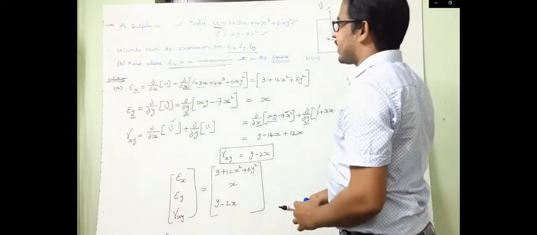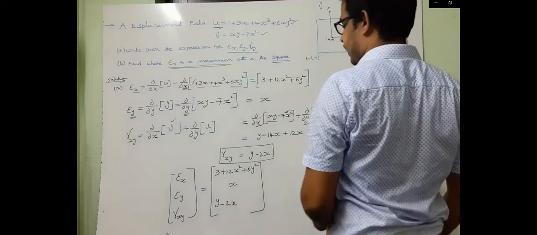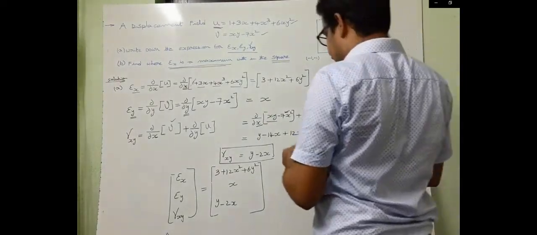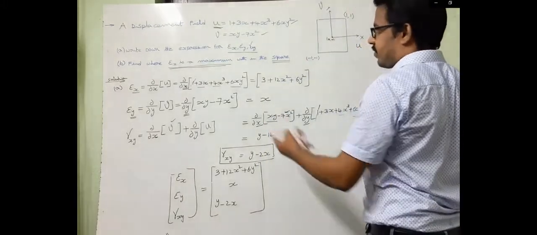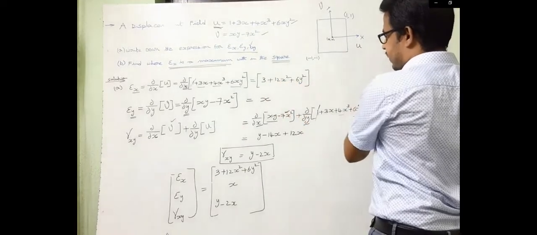Coming to the second question, find where epsilon x is a maximum within the square. So what is the epsilon x value?